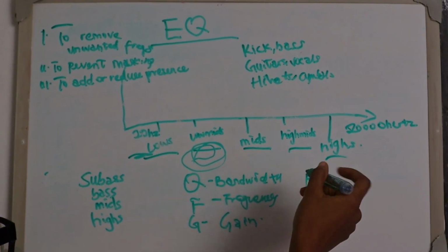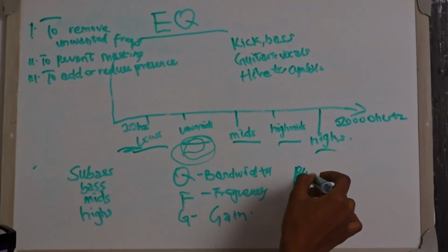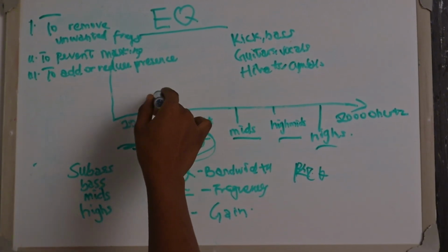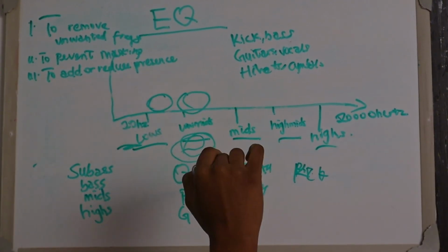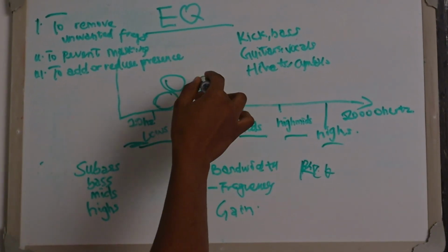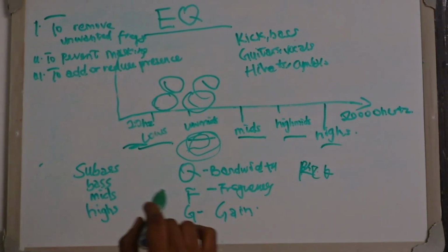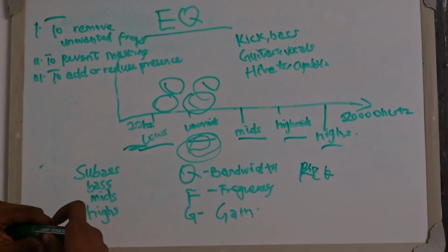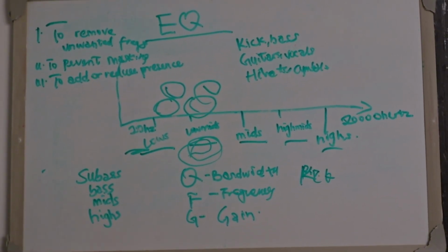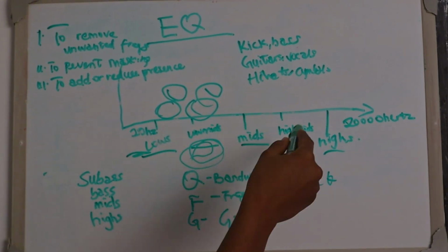So let's take a kick, for example. The kick is around lows and then low mid. And then let's take bass, for example. The same thing, somewhere around here, right? And let's take the human voice, for example. Depending on if you're a guy or a girl, the male vocals are kind of deeper than the female vocals.